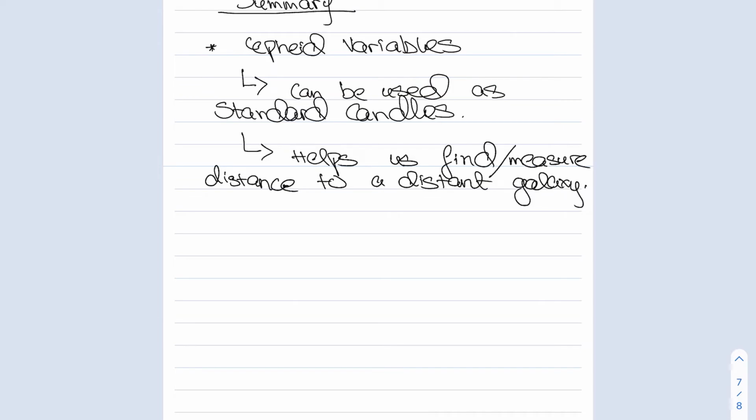So if a distant galaxy has a standard candle, or a Cepheid variable which we're treating as a standard candle, we can find out the distance to that galaxy.